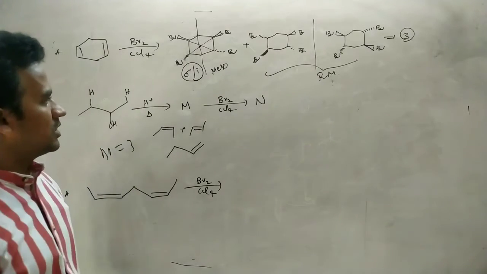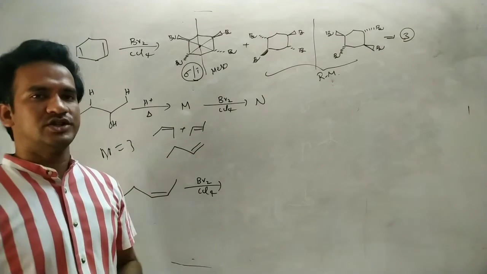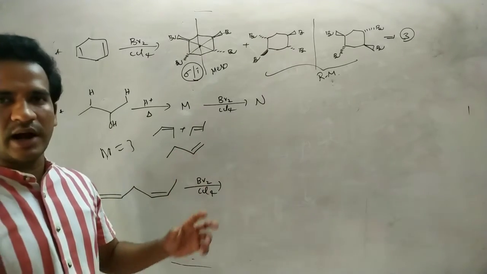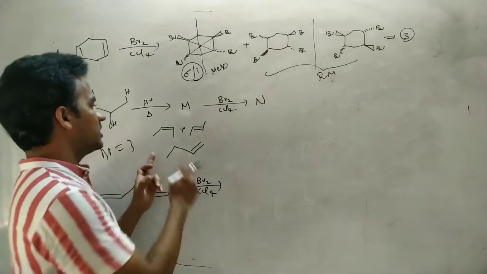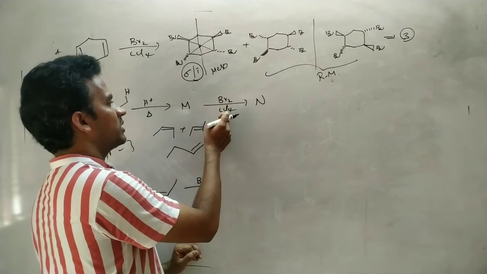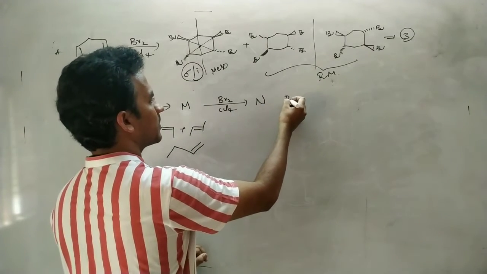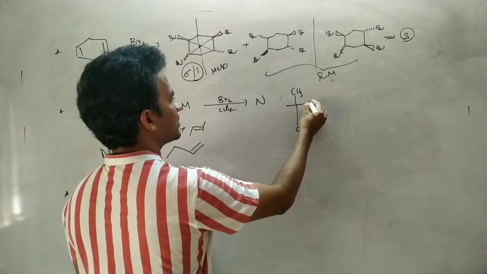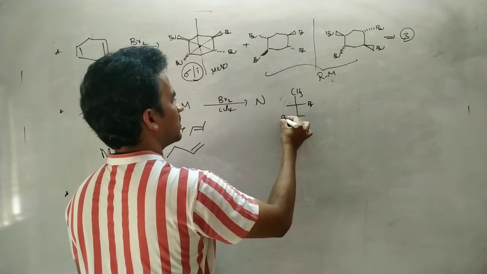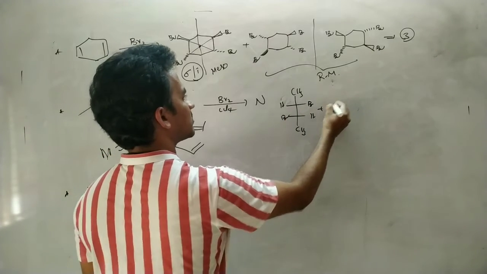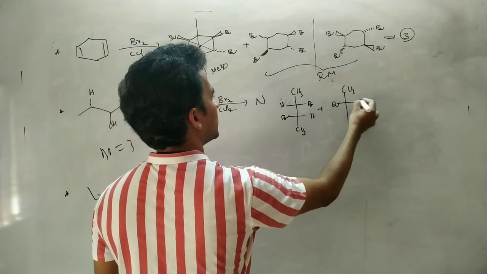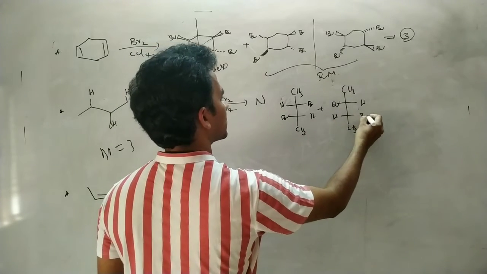Now bromine addition. Excess bromine solution is added. All these alkenes are involved in an addition reaction. Here the cis alkene on bromine addition will give the racemic mixture of these compounds: CH3, CH3, Br, hydrogen, hydrogen, Br.